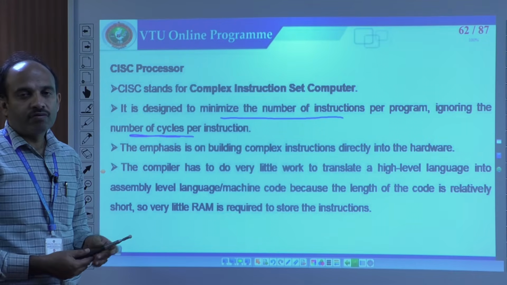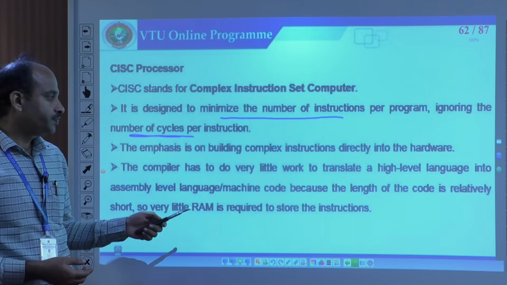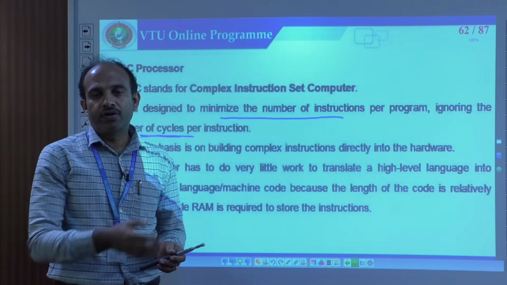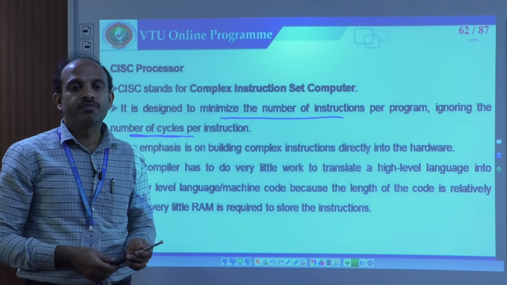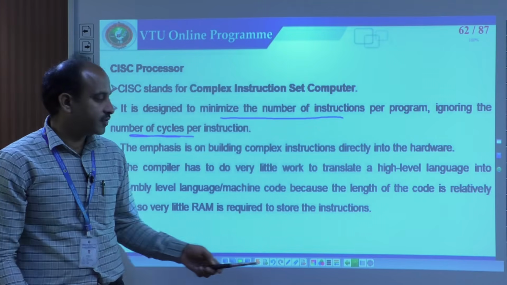So there will be little work to translate from one language to another. Also, compared to RISC, where more RAM is needed, here little RAM is enough to store the instructions.